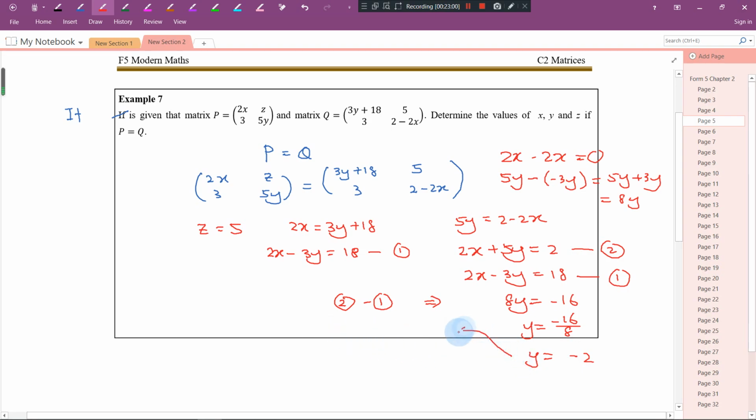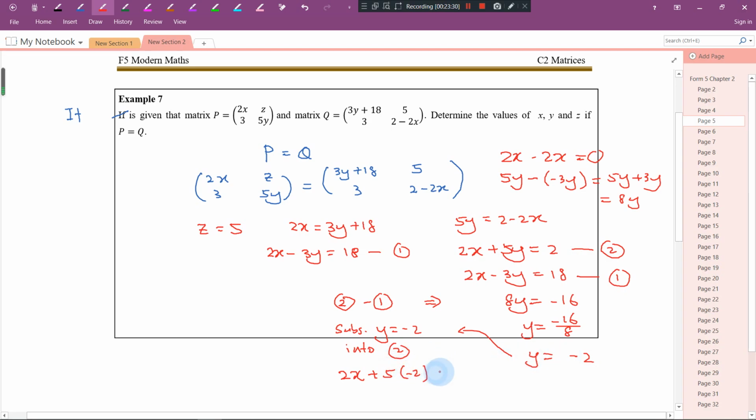I write over here. Substitute y equal to negative 2 into which one? You can choose which one you like, 1 or 2. So how about I choose the second one? Substitute y equal to negative 2 into the second equation. 2x plus 5y, right? But now we know that the y is actually equal to negative 2.